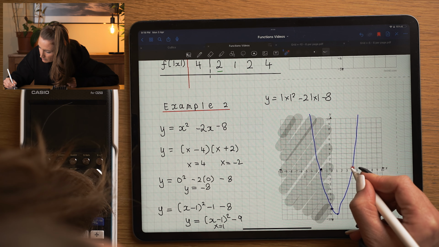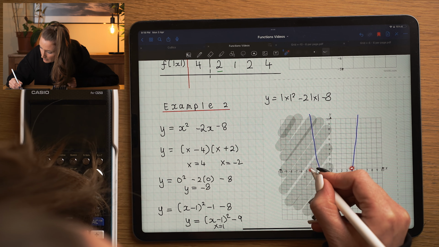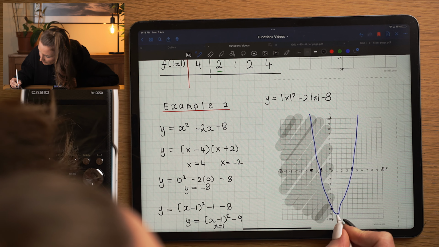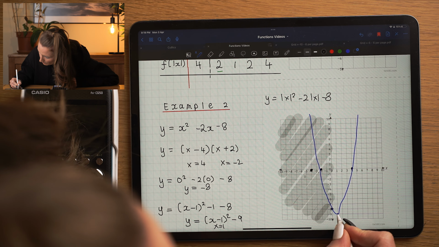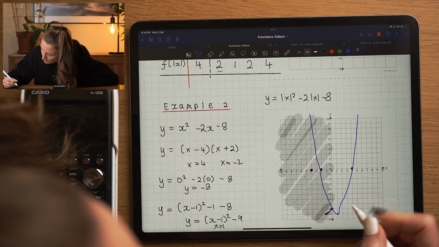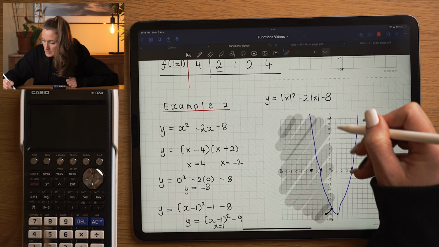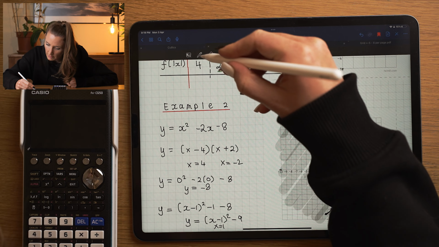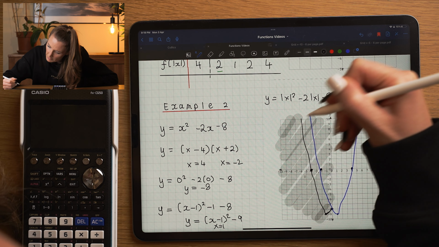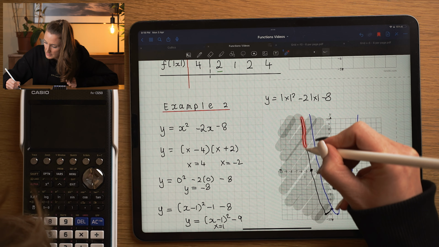So I'm going to reflect the +4 here to be -4. I'm going to reflect this one here, which is now (1, -9), to be (-1, -9). And I'm going to join up with my y-intercept. Remember, it has to be a perfect mirror line. And my new graph is going to look like this.